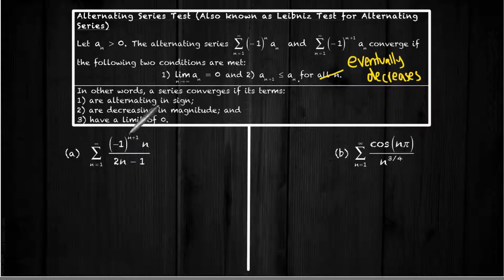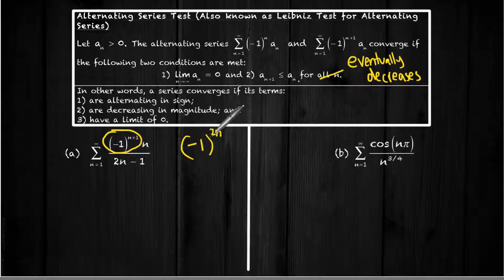Well, you have to pay attention to this portion of the series because sometimes they will try to trick you and they may put something like this, -1 to the 2n, where you may think, oh, it's -1 to a power, that automatically makes it alternate. But notice 2n guarantees that it will always be some sort of even number.